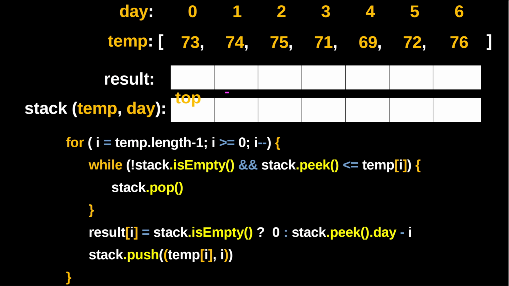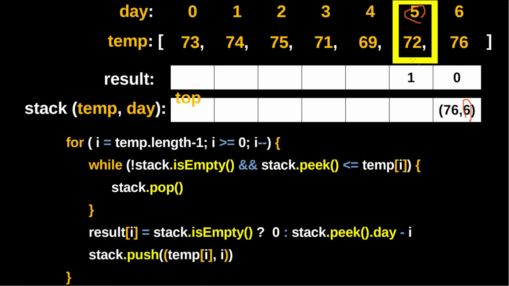We are populating the stack from right to left, so the top of the stack will be on the left side. First item is day number 6. We have temperature 76, and the stack is empty. The results[i] is 0. And then we just push the tuple 76 and 6 onto the stack.